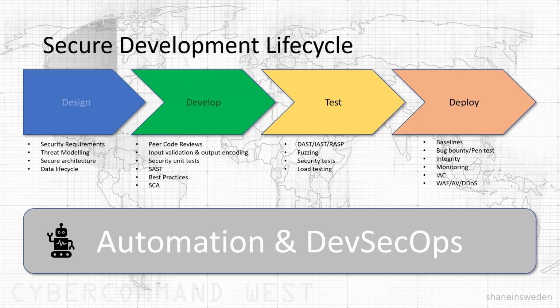Another possibility is that we automate as many of these tasks as we can so that they run quietly in the background and provide automatic protection. It would be best if we can fully integrate them into our continuous integration and continuous delivery pipeline.